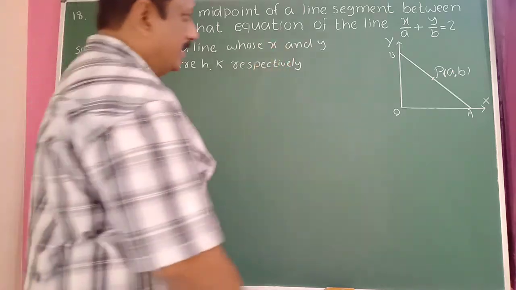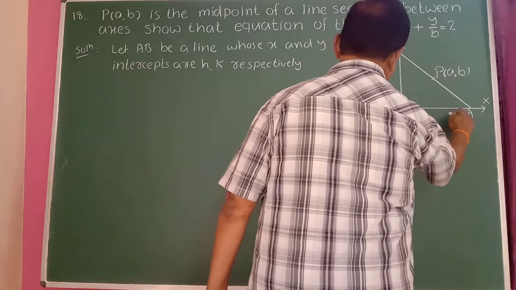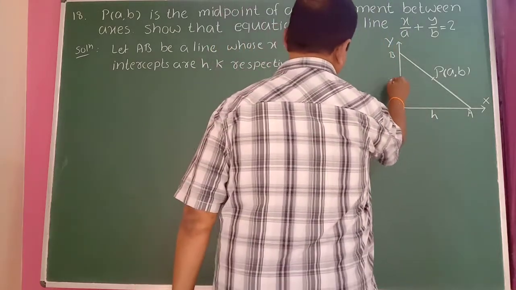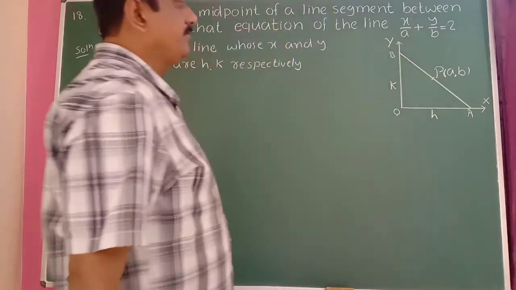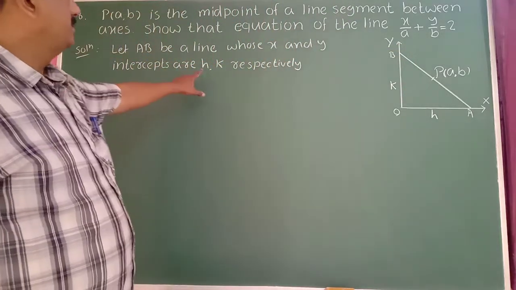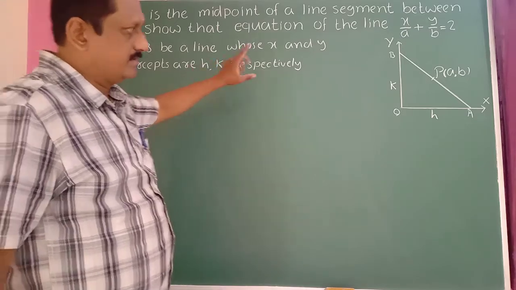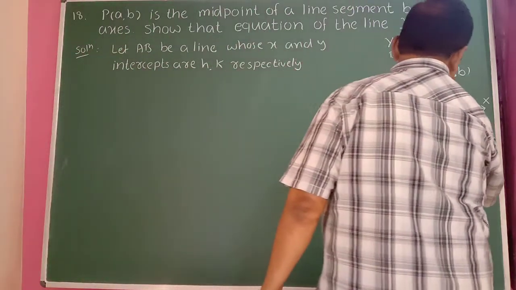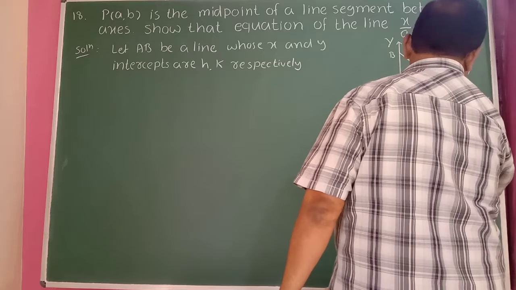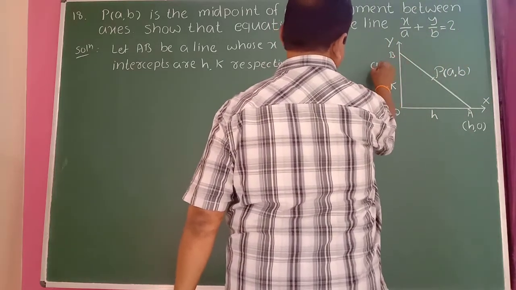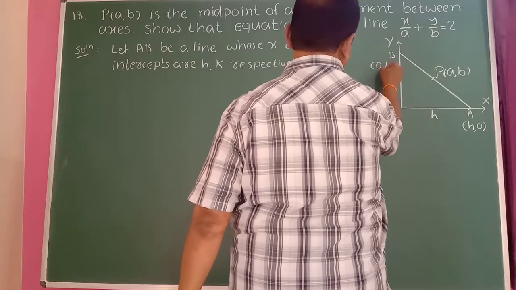I am taking here h as the x intercept and k as the y intercept. h, k are intercepts here. Therefore, the coordinate of the point A becomes what here? (h, 0). The coordinate of the point B becomes (0, k).